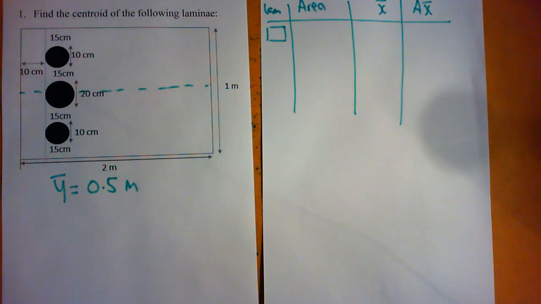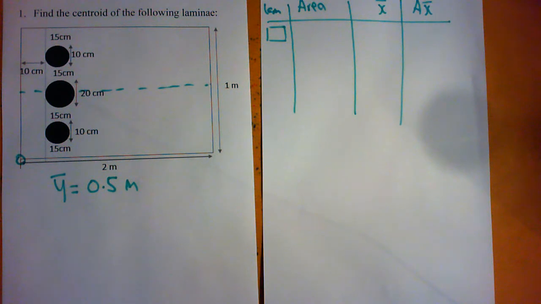Now we'll define our origin to be the bottom left corner here, and we don't really want to work out x bar for the whole shape because that means that we'll have to work out all 3 holes, whereas if we only work with one of either the top half or the bottom half, we have one less hole to deal with.